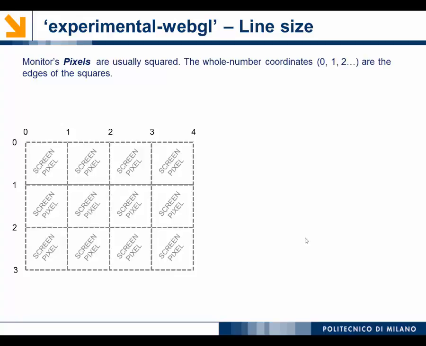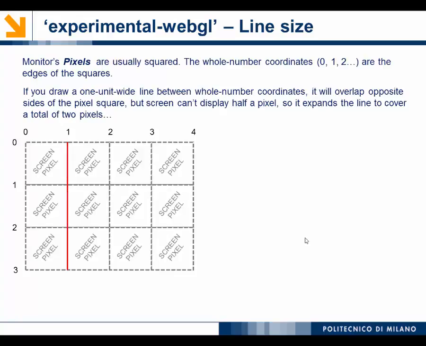The monitor's pixels are usually square. The whole number coordinates usually indicate the edges of those squares, as you can see from the picture. So if you want to draw a line which is, let's say, 1 unit wide, and you use whole numbers, in this case I'm creating a line from 1,0 to 1,3, this is the line I want to draw.